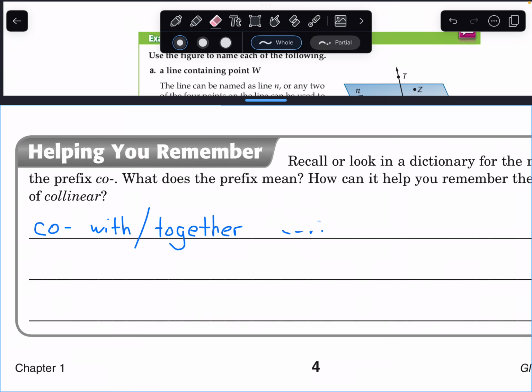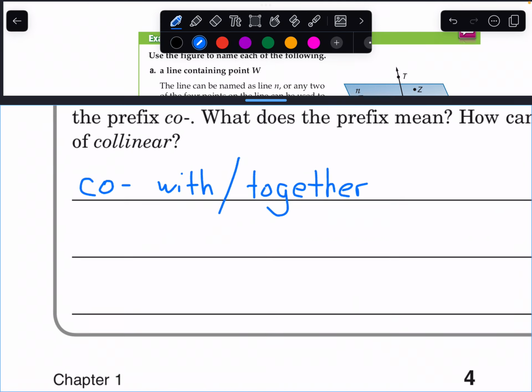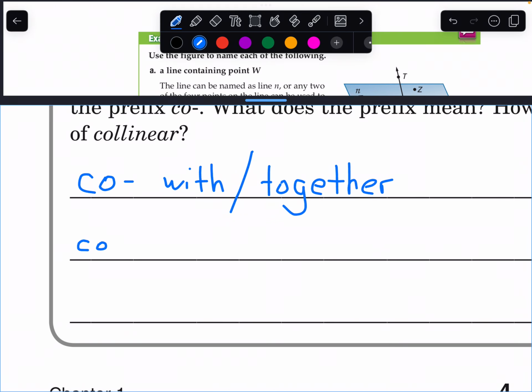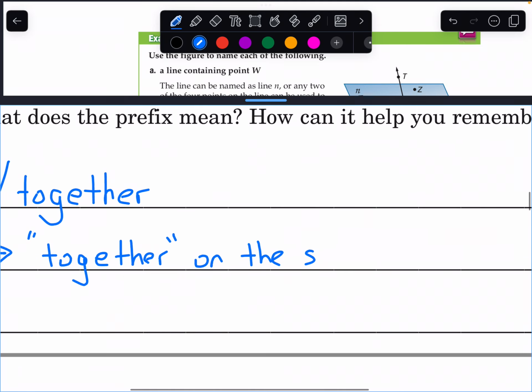And so that can help us remember the definition of collinear if we think that collinear, we can think of it as "together on the same line."